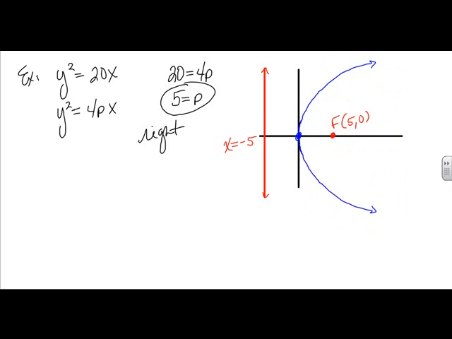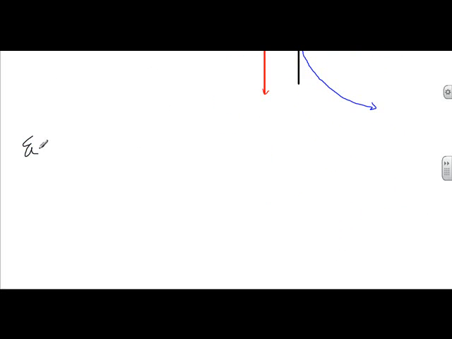Another example. Suppose we're told that we have a parabola that's symmetric about the x-axis and goes through the point 1, negative 4.